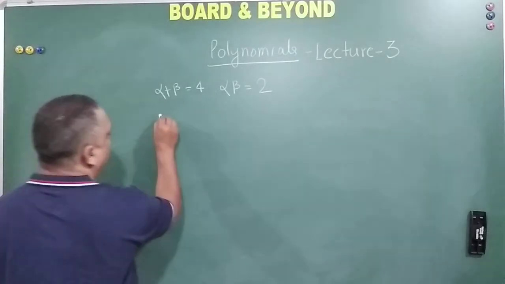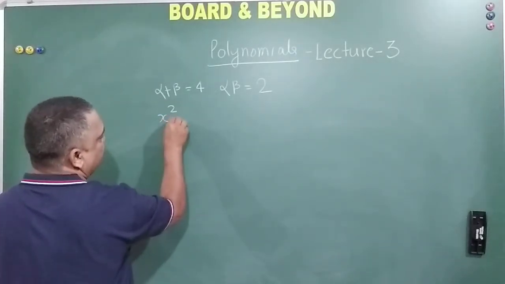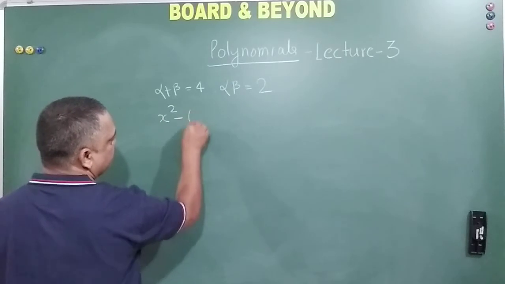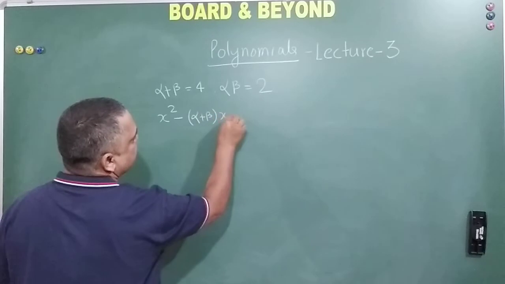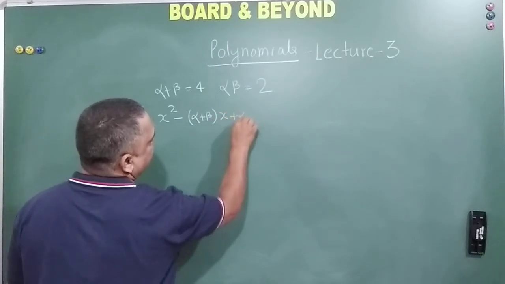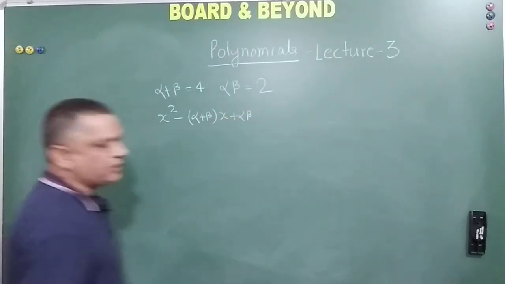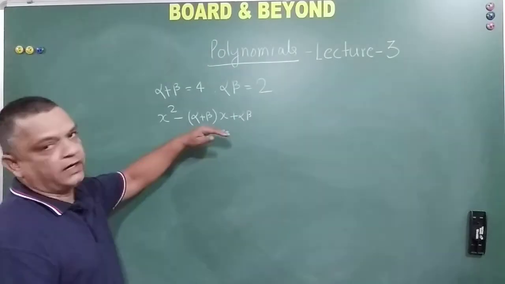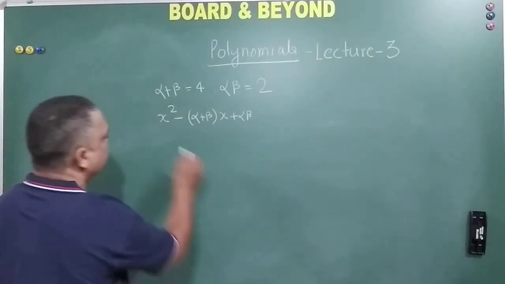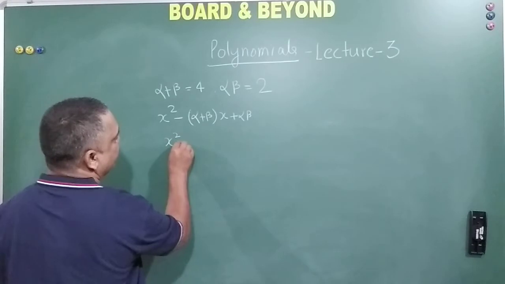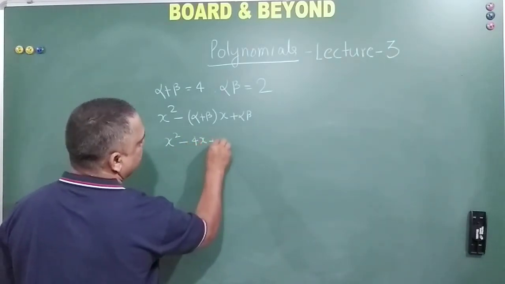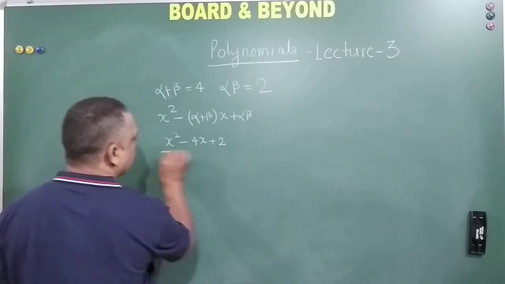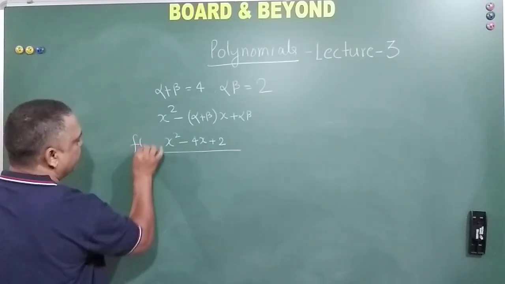Now as per this, it should be x square minus alpha plus beta into x plus alpha beta. This would be the quadratic equation that we have seen in the last class. So this would be equal to x square minus 4x plus 2. So this is the required quadratic equation.